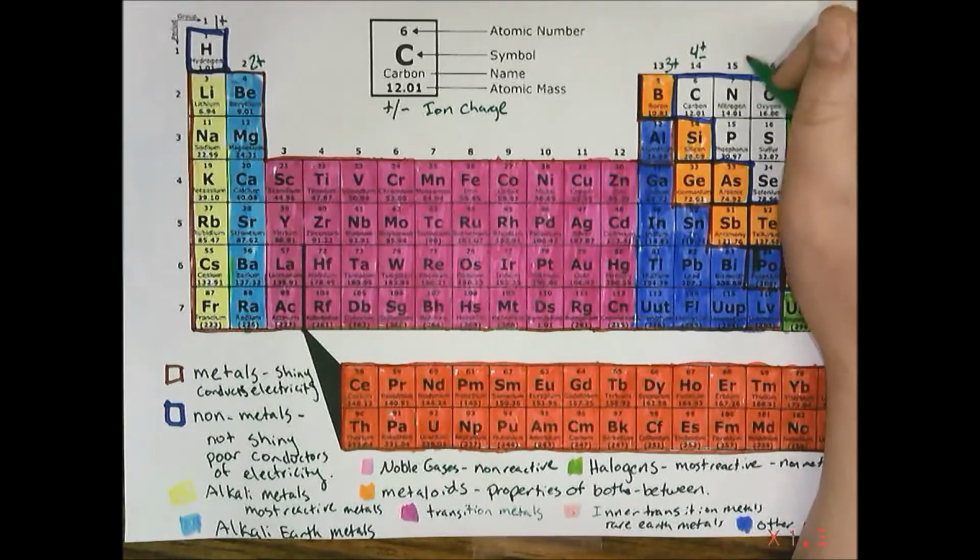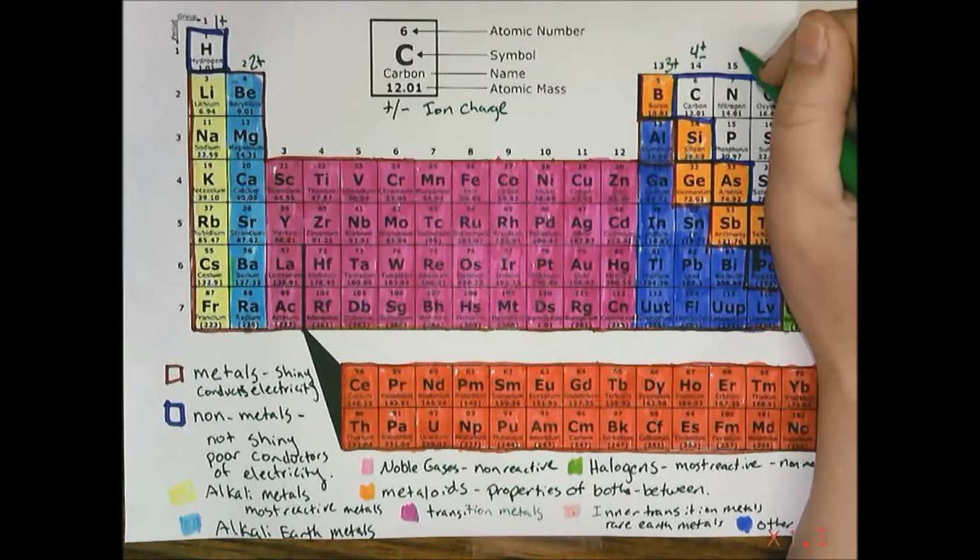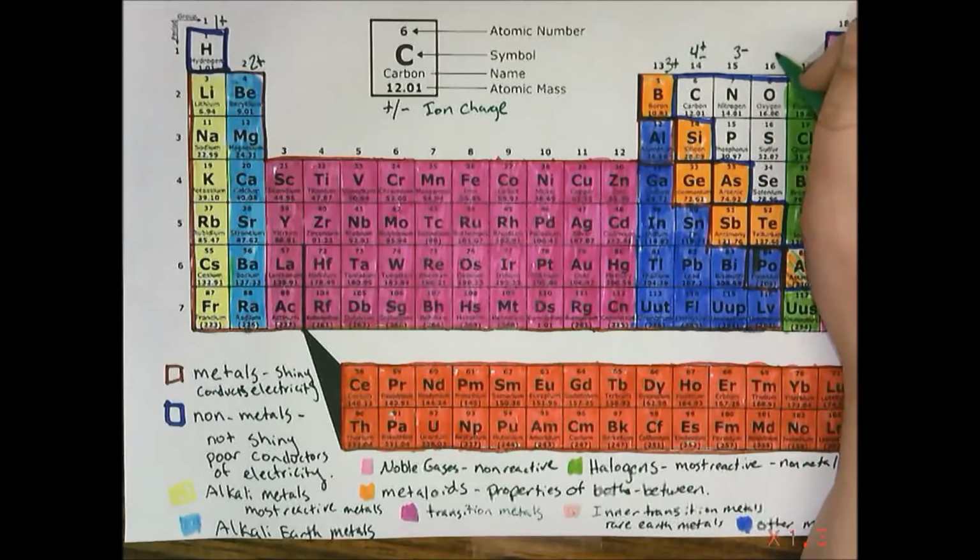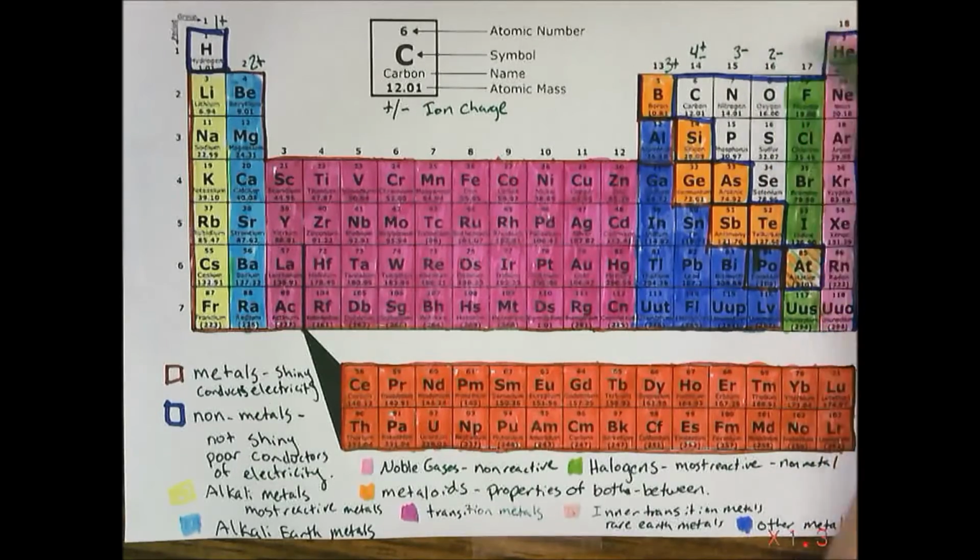Then we're going to look at nitrogen. It's going to want to take in electrons, and when it takes in electrons, it's going to become 3-. Oxygen is going to take in 2 electrons to become 2-, along with sulfur, selenium, tellurium, polonium, and livermorium. Over here in fluorine, it's going to take in 1 electron along with its friends in that group.